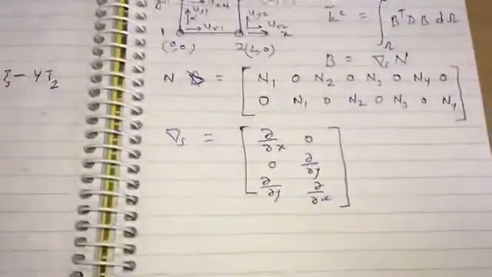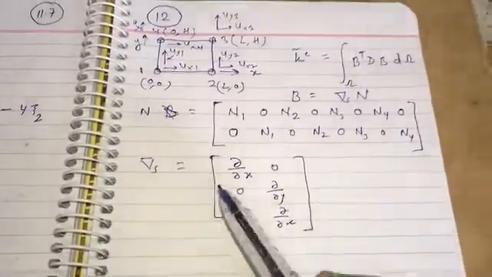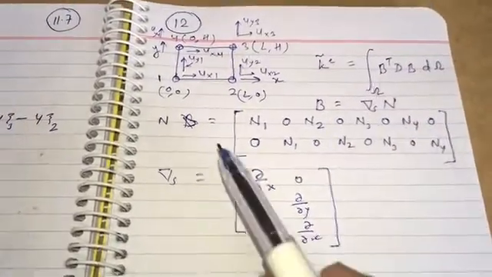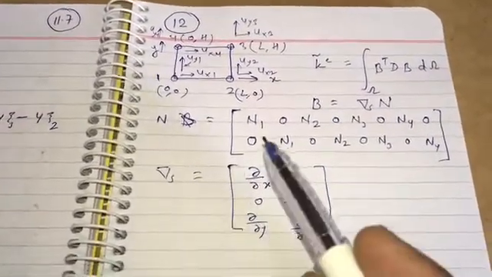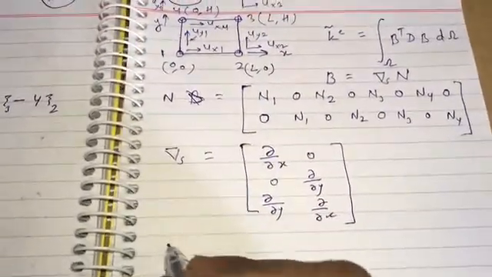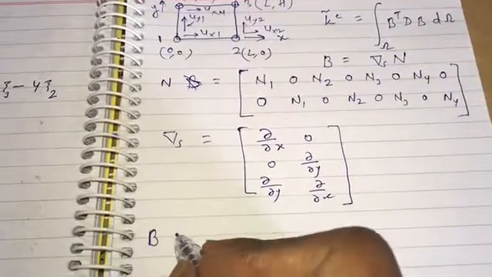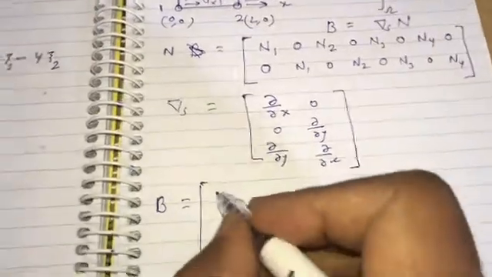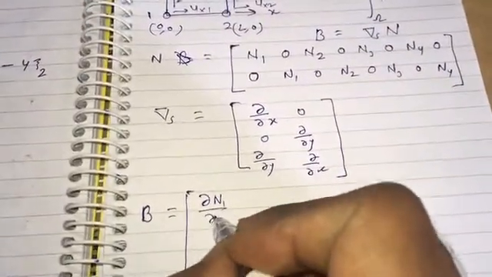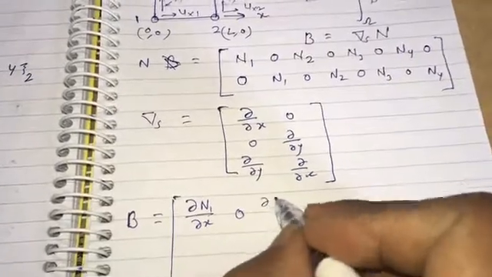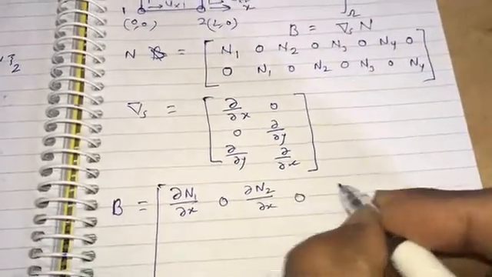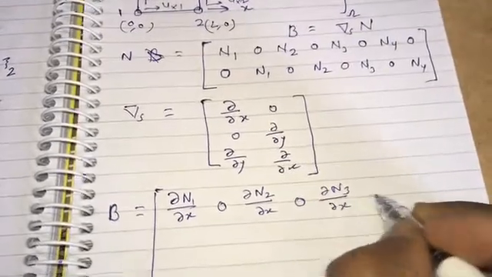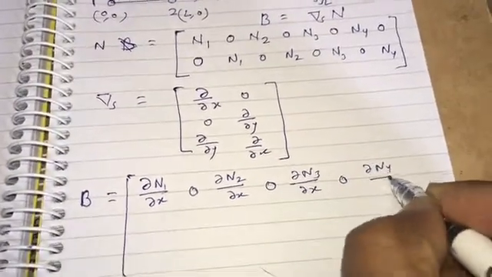So this is del S, and if we use B equal to del S times N, we will be able to find B. So B, if you remember, is del N1 over del x, 0, del N2 over del x, 0, del N3 over del x, 0, del N4 over del x, 0.